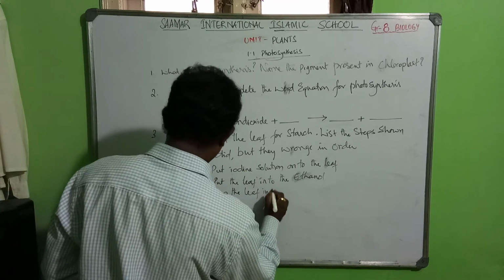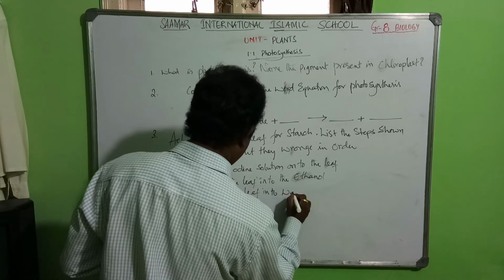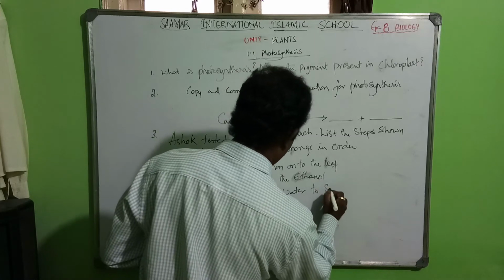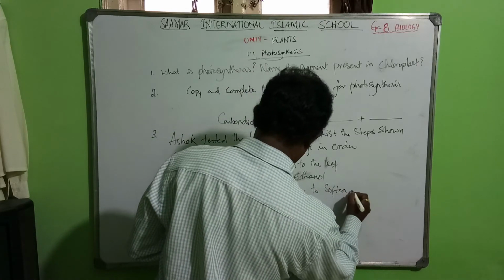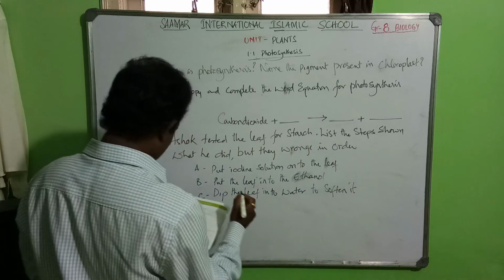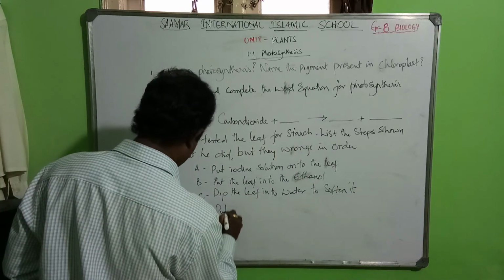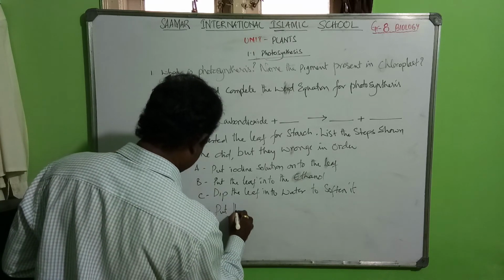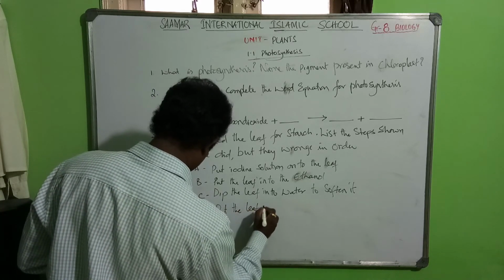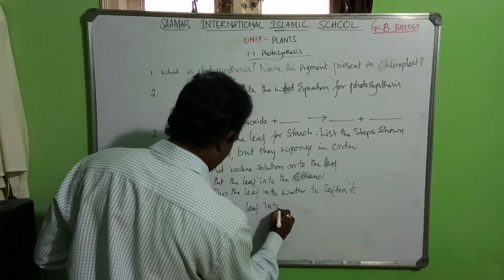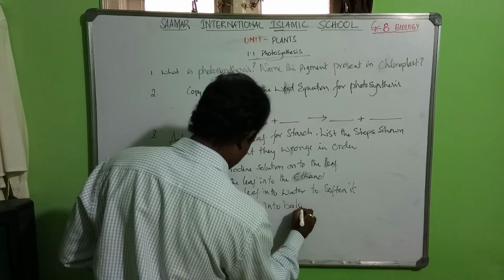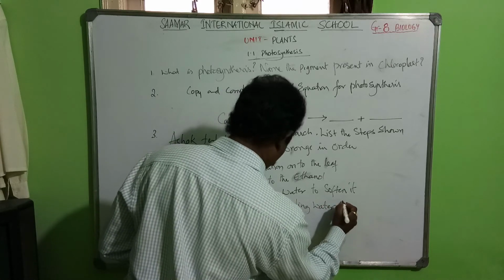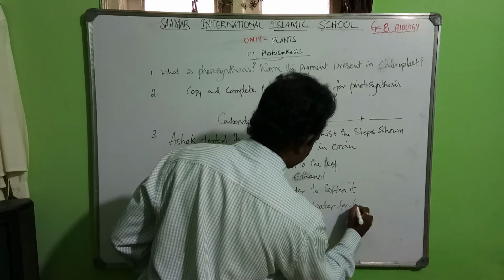Last one, D: Put the leaf into boiling water for 5 minutes.